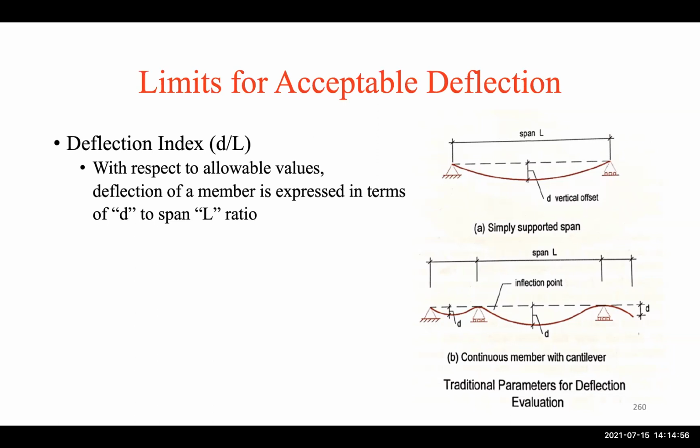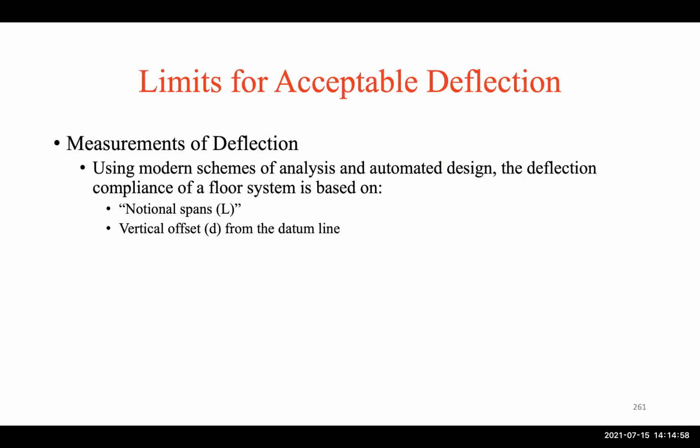But that's not always accurate, because it's a slab, so we may have deflection coming from both sides if it's a two-way slab. So we have to be careful about how we look at that.